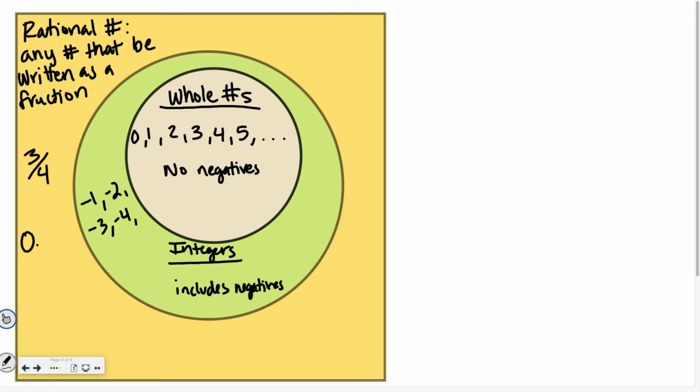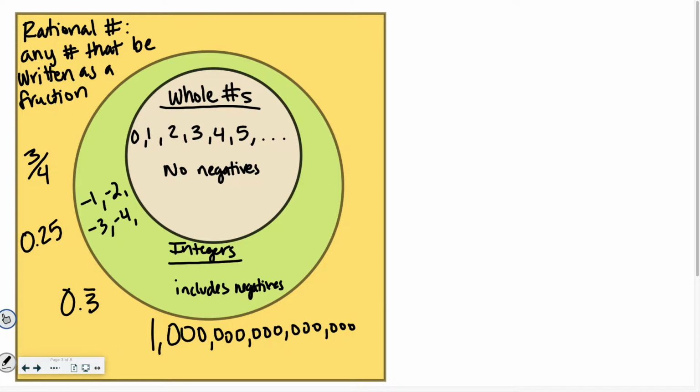So if I had like 0.25, that's rational. If I had 0.333 and the 3's just kept repeating, maybe you remember when a number repeats as a decimal, you can put a bar over it, and that tells the person reading it that that number goes on forever and ever. So repeating decimals, regular decimals, really, really crazy big numbers.